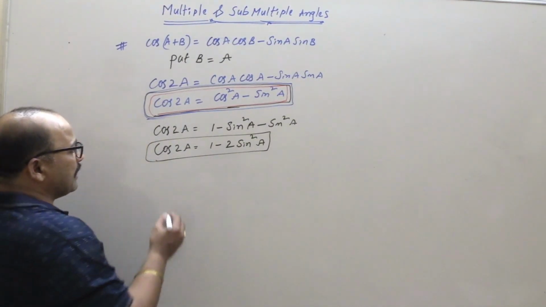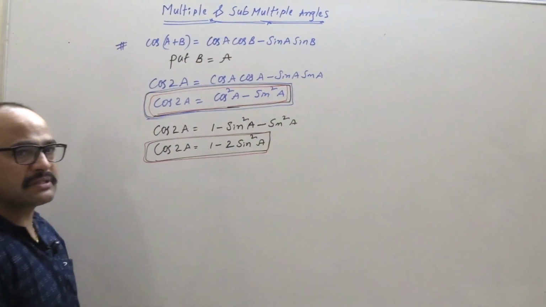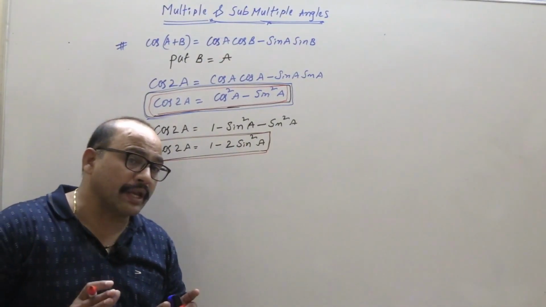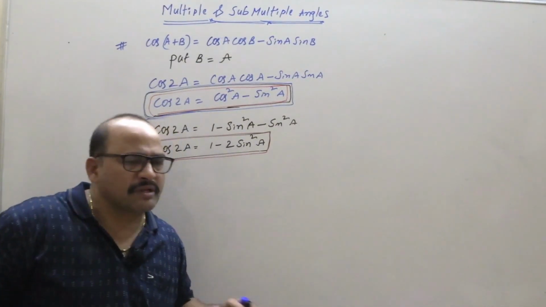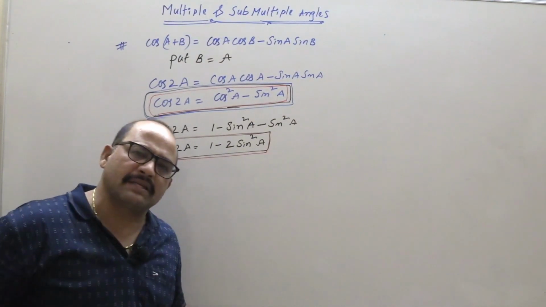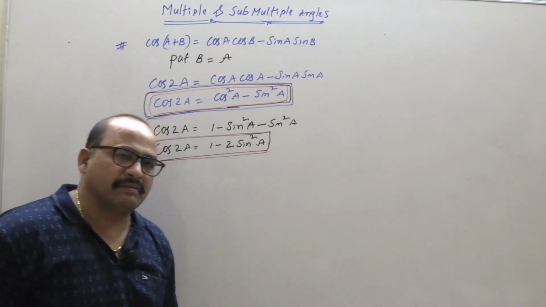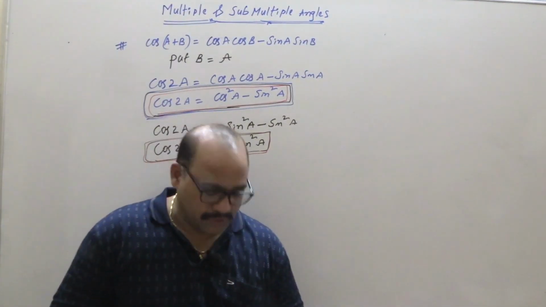Cos 2a formula in terms of sin, this is the formula: cos 2a equals 1 minus 2 sin square a. Thoroughly prepare these formulas, students. You can enjoy board level, JEE Mains level, advanced level. So you should be strong in concept. Now and then you should remember, memory is also most important.